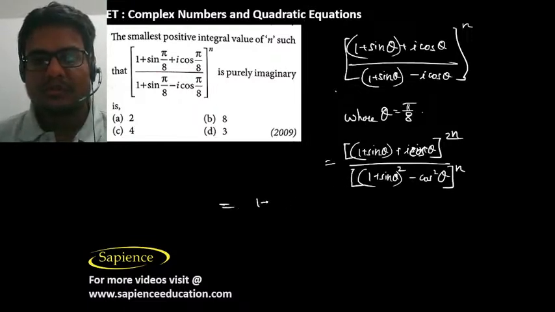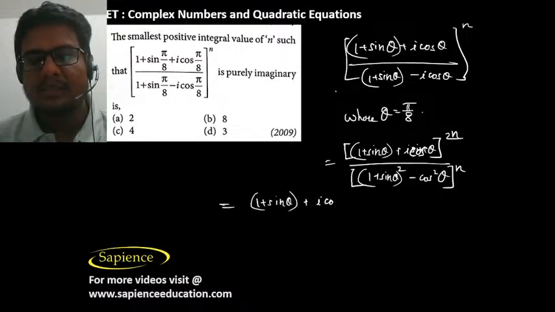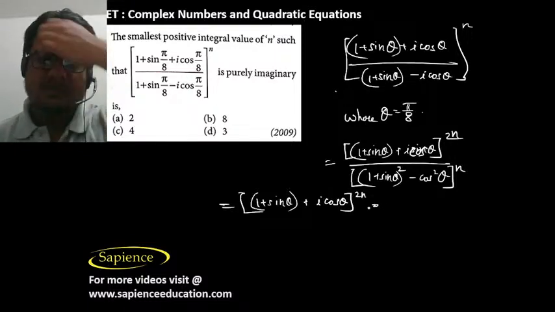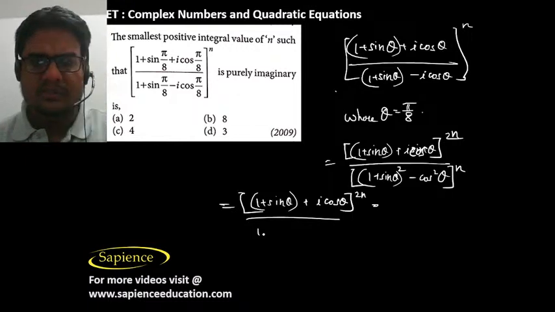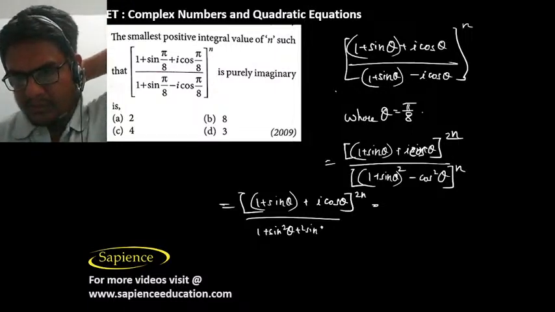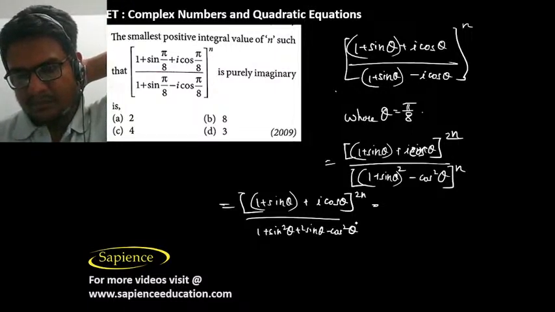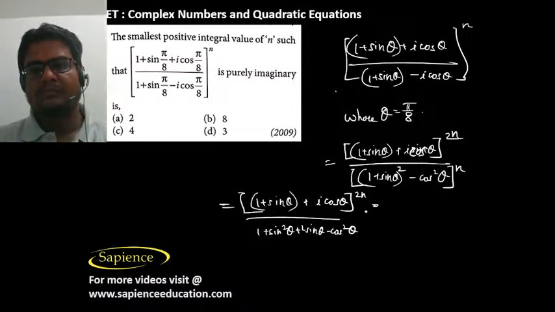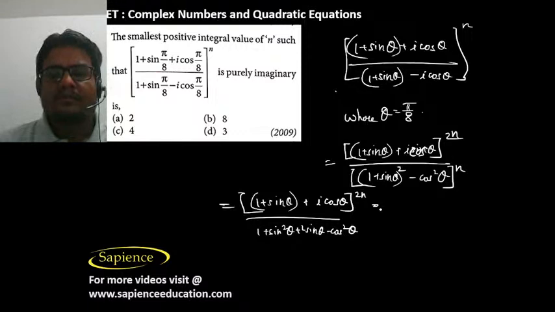So this can be written as (1 plus sine theta plus i cos theta) whole power 2n divided by (1 plus sine square theta plus 2 sine theta minus cos square theta) whole power n.